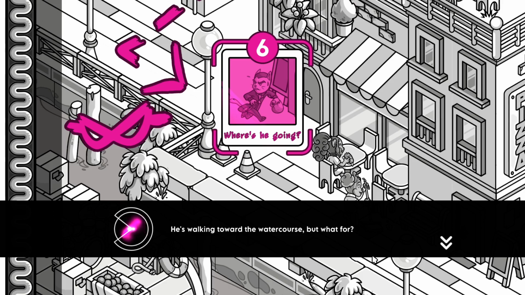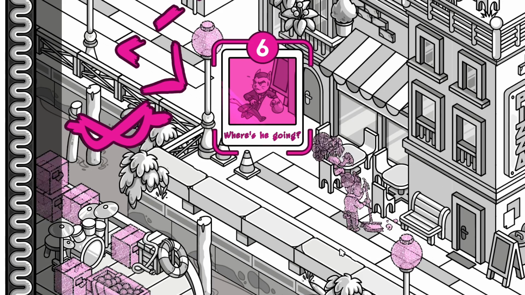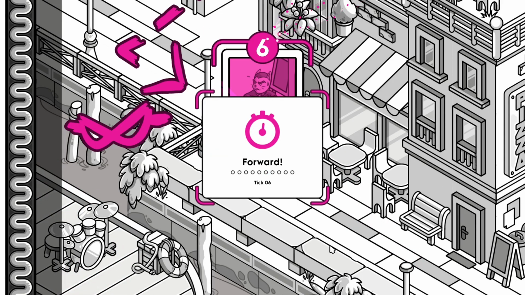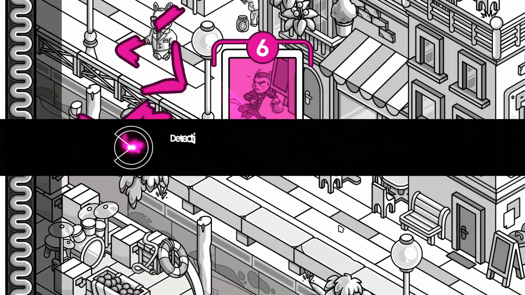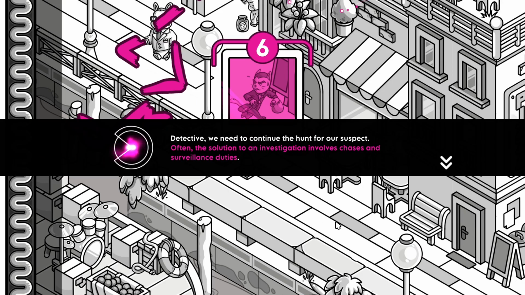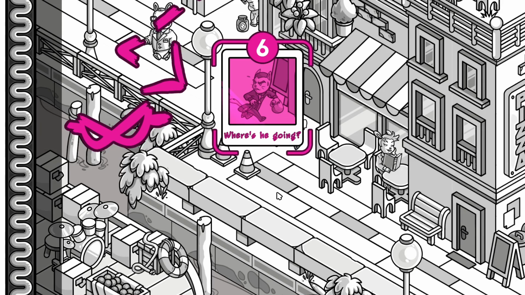He's walking towards the water course. But what for? Detective, we need to continue to understand. Often the solution to investigation involves chases and surveillance duties.